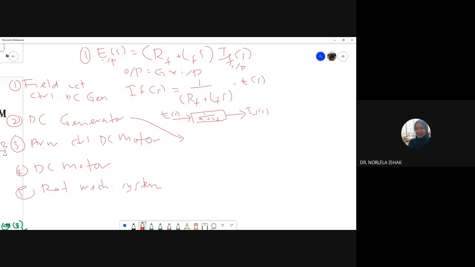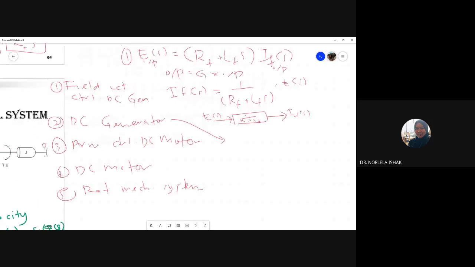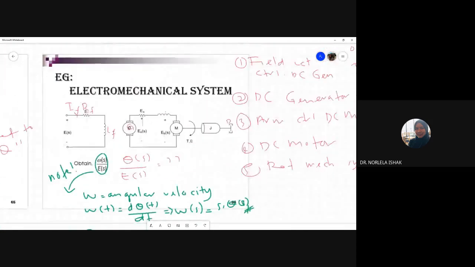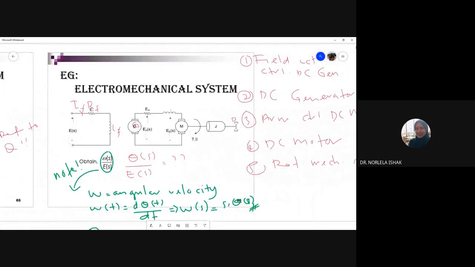Because we know that when current flows through the generator, it will generate what? It will generate the generator voltage, right? From our circuit, or from the schematic, our generator voltage is equal to what?